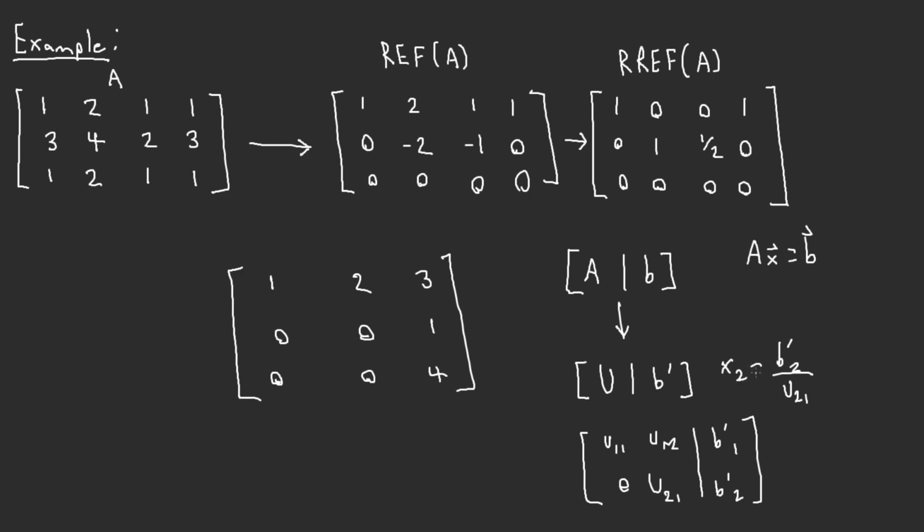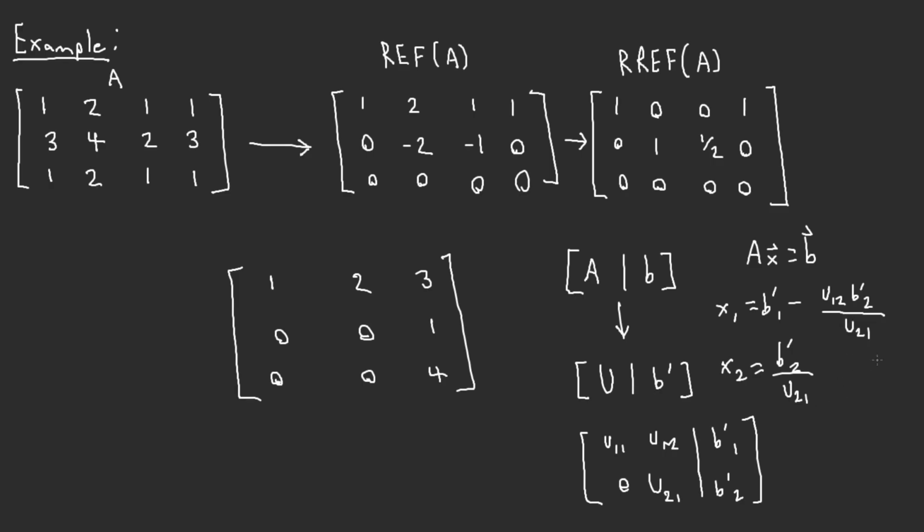And then our first variable will just be this value times u12, and you subtract that from b prime 1. So x1 is going to equal b prime 1 minus u12 times b prime 2 over u21. So this is our solution, and because u21 is not equal to 0, this is well defined.